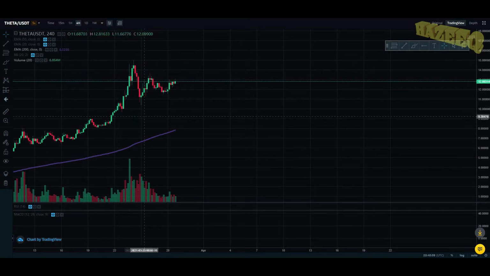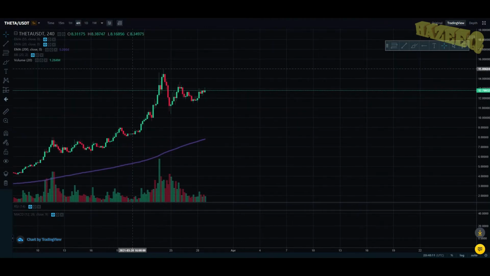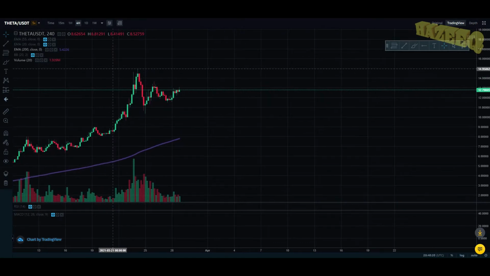So for example, what is a resistance level? As you can see, this is where this crypto topped off. Now I'm taking a look at Theta, by the way, a great project. It was on a roll recently. So it peaked here at almost $15.